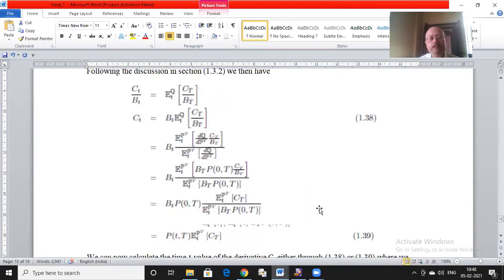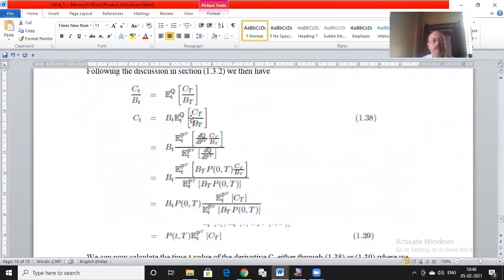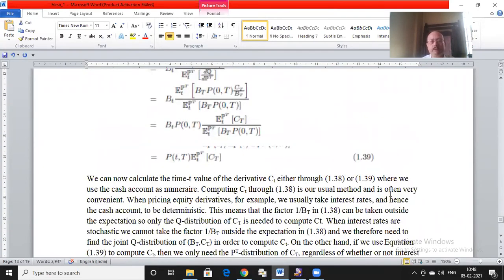So taking these two together, we can now calculate the current value, the time t value of the derivative, which is denoted by Ct, either through equation 1.38 or through equation 1.39, where we use our cash account, the bond account, as the numerator.